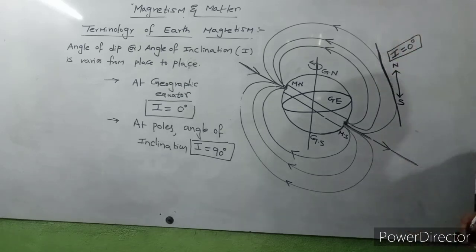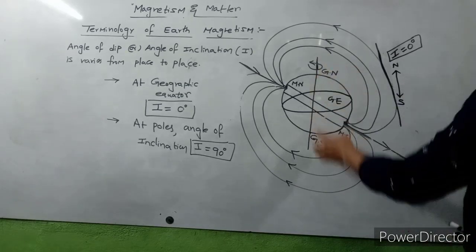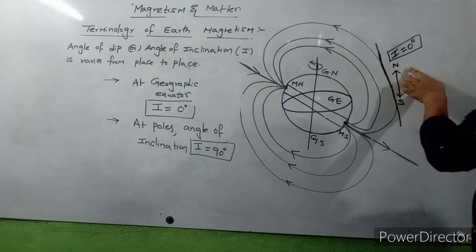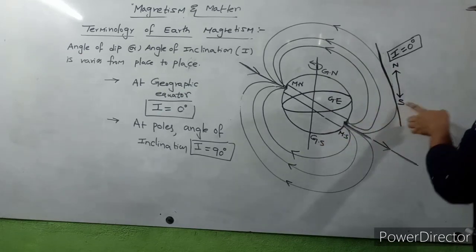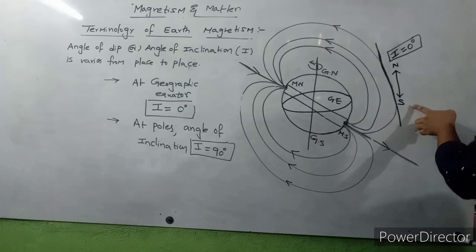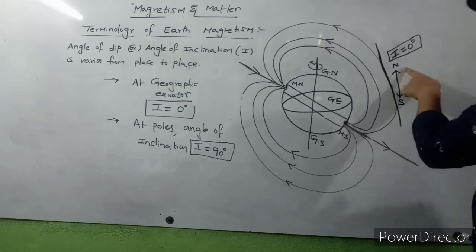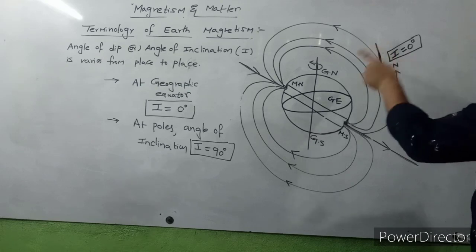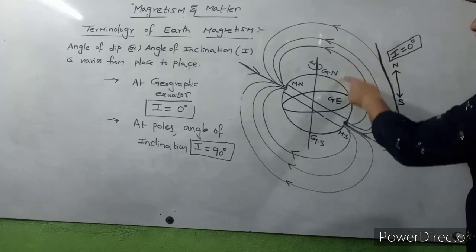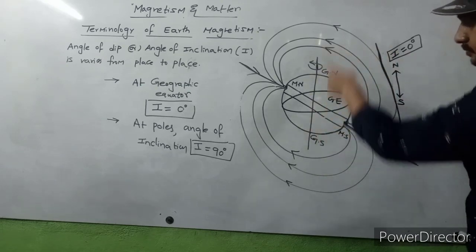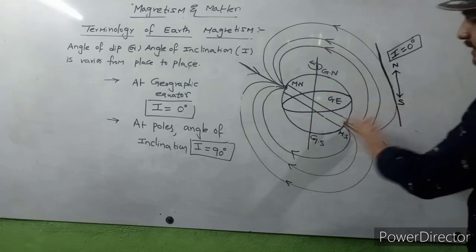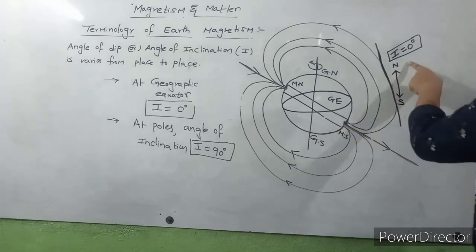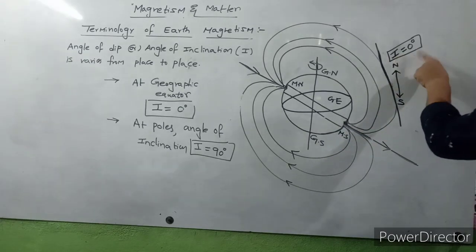So here the geographical north coincides with the north of the magnetic needle. Geographical south coincides with the south of the magnetic needle. That means here angle I is equal to 0 degrees.